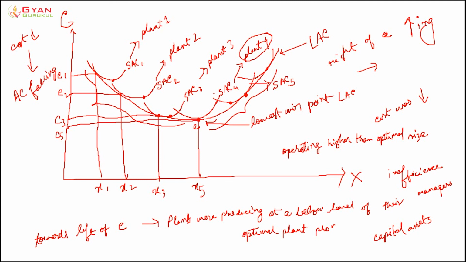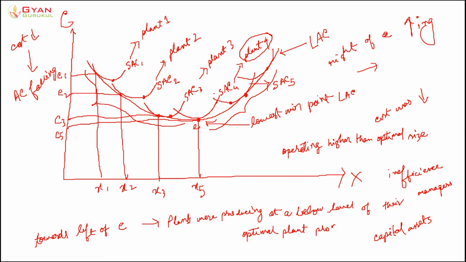Now after point E, remember point E is the optimal point. At point E, the particular plant is operating at the maximum possible level, or the optimum level.